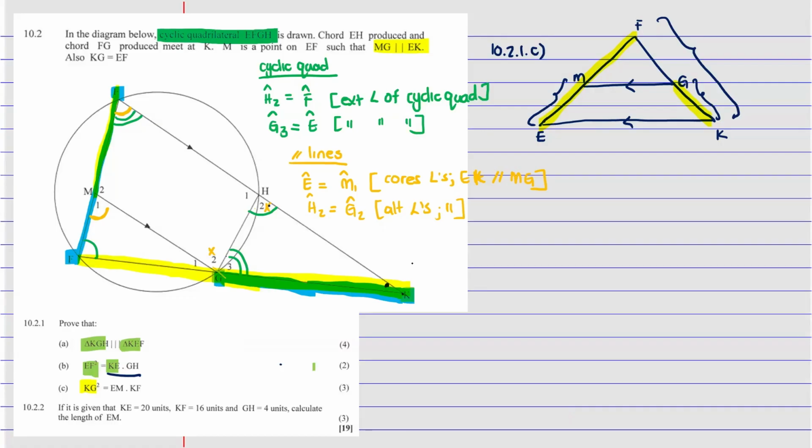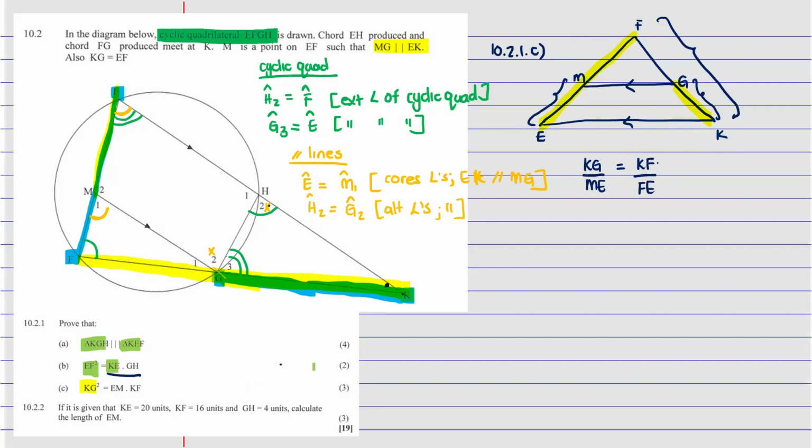With that said, we're going to follow what they've written. We're going to start with KG. We know that KG is related to ME, so KG is divided by ME. Then we have the bigger side, which in our case is going to be KF, and KF is related on the other side, the bigger side, which is FE.